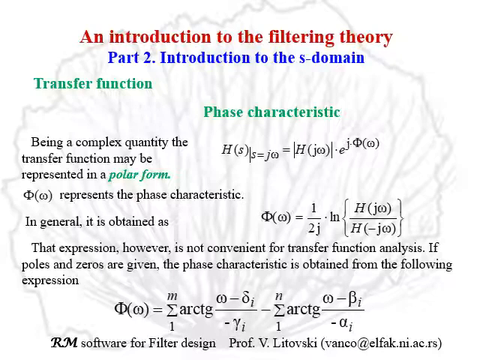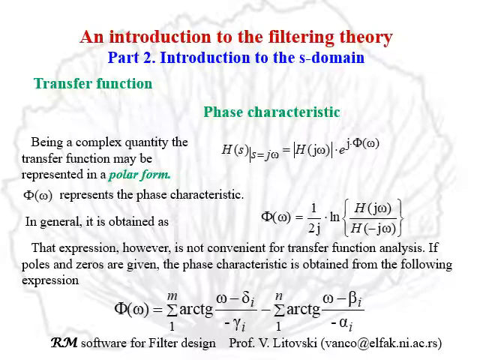A practical definition, which must be used, here the key word is must, is represented here. The phase characteristic is obtained as a sum of arctangent functions related to the numerator and the denominator, to the zeros and to the poles. So every zero and every pole has its own separate contribution to the phase.